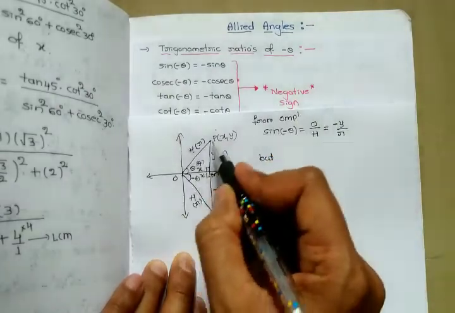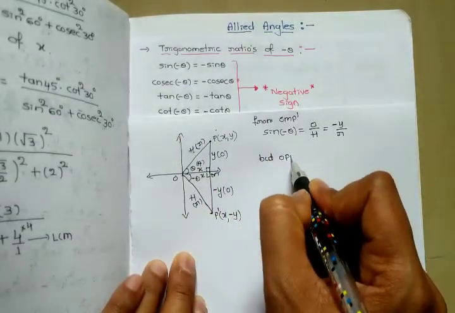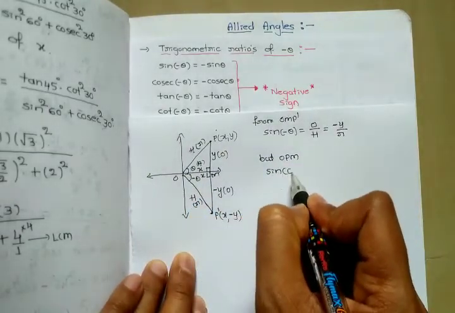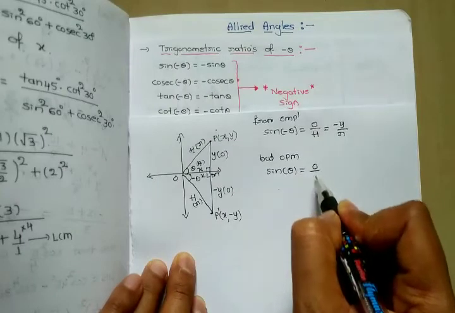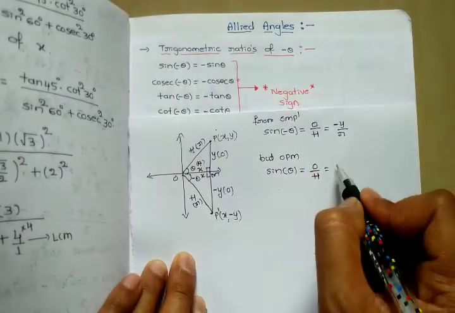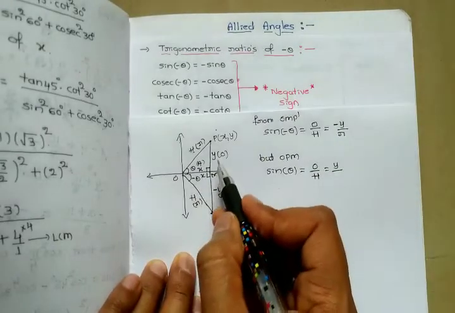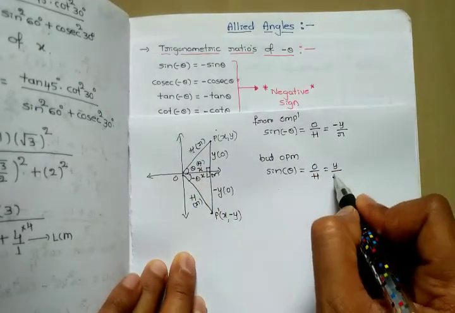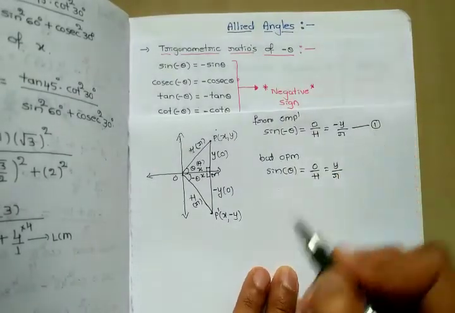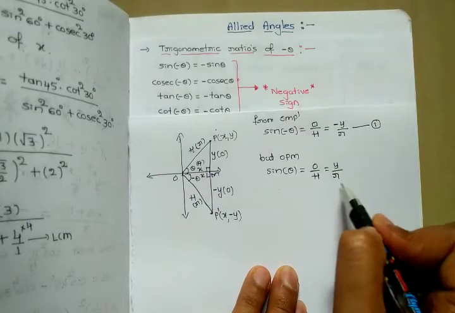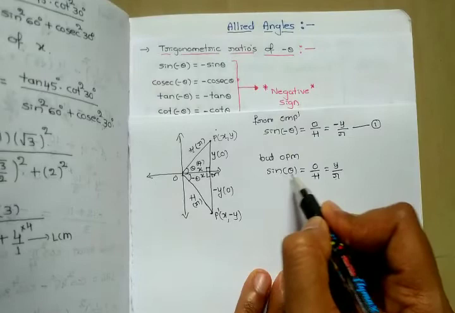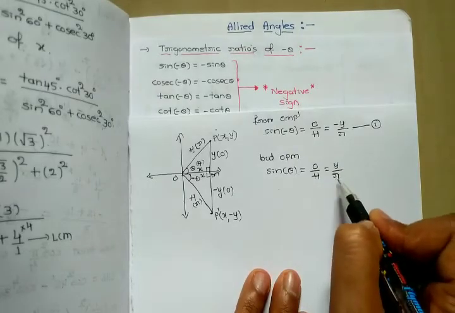Next, from this right angle triangle OPM, if I define sine of theta, opposite divided by hypotenuse side, opposite is y, divided by hypotenuse r. Correct. I'm going to call this 1. Next I'm going to substitute this y by r. You know y by r is nothing but sine theta.